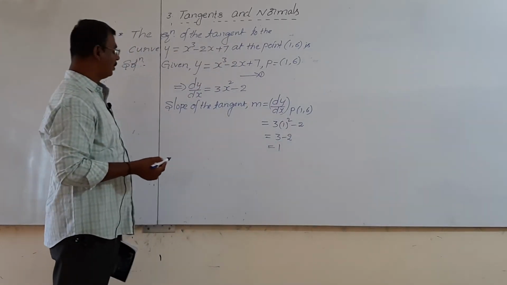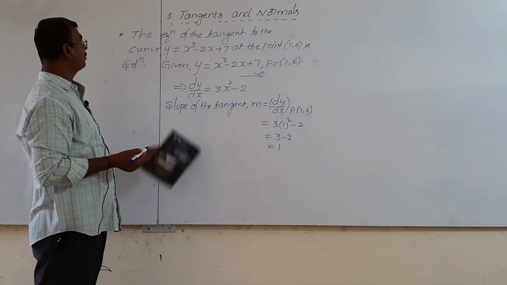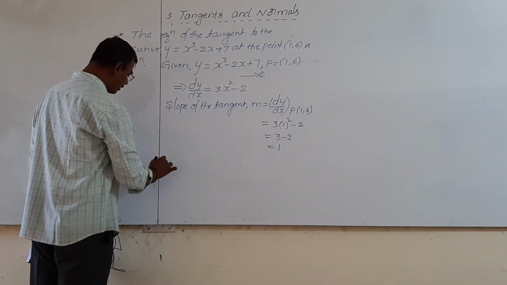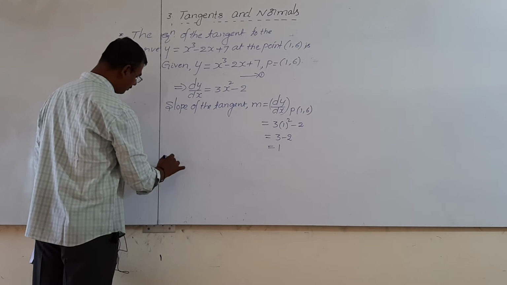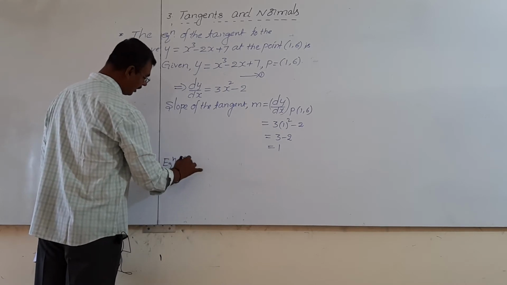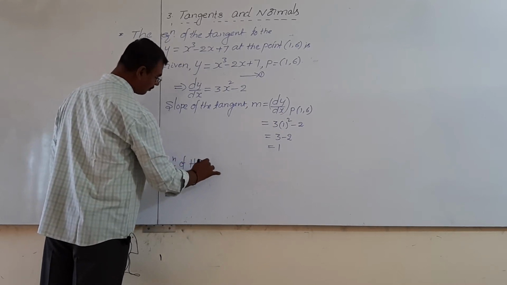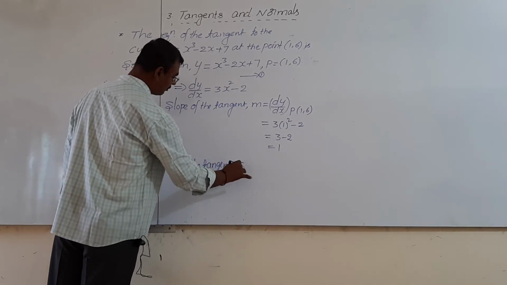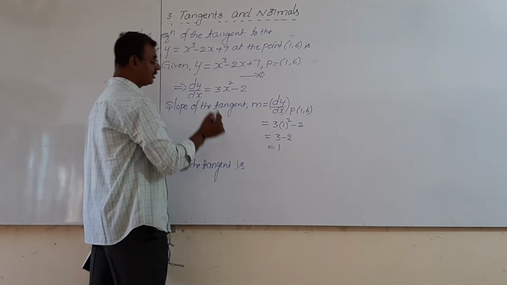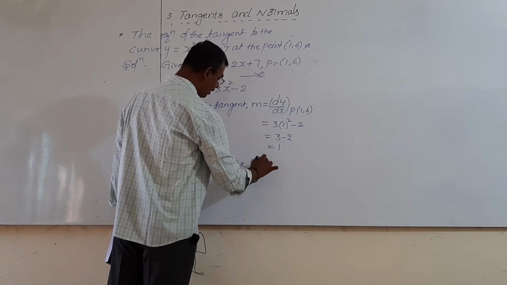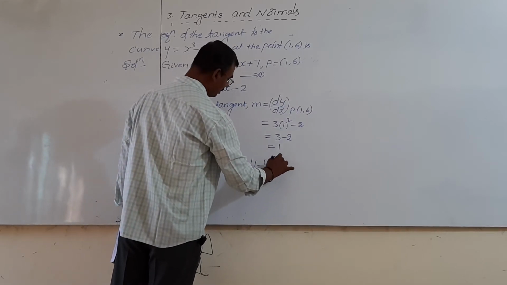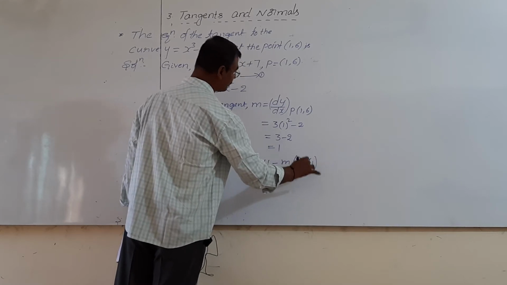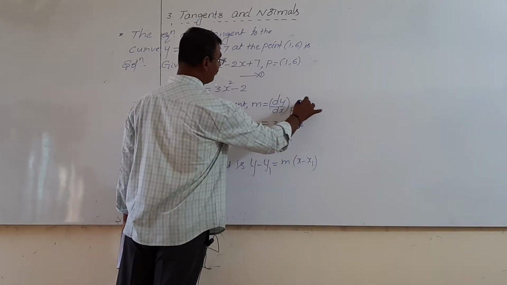We got the slope of the tangent, but the question asks for the equation of the tangent. The equation of the tangent is, by the formula given just now, y minus y1 is equal to m into x minus x1. This is the x1, this is the y1.